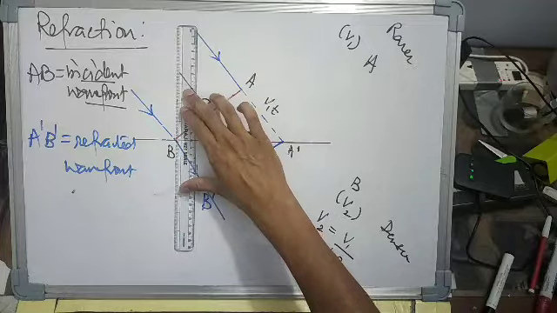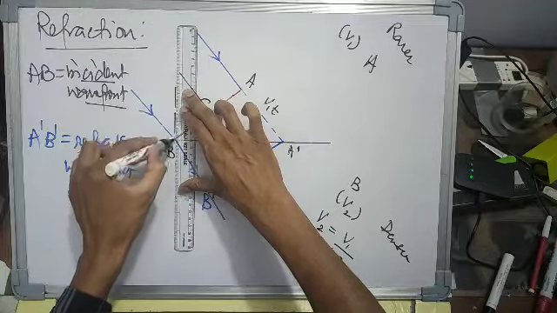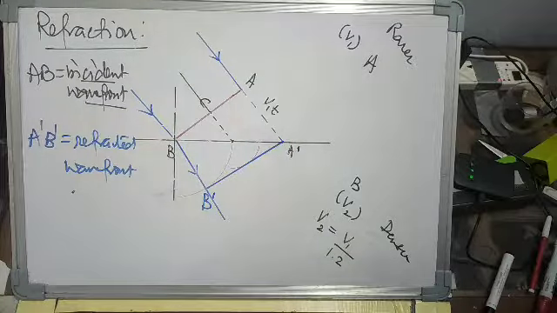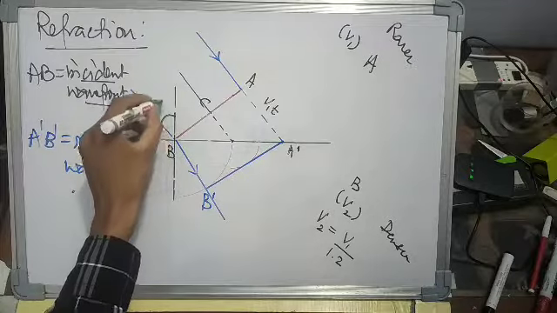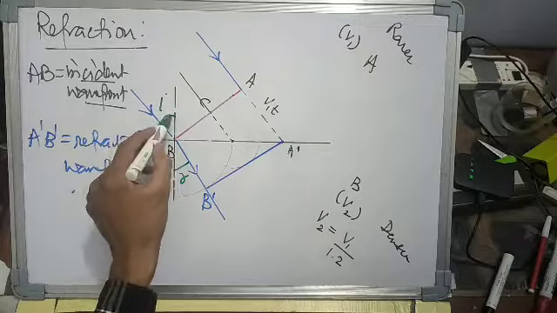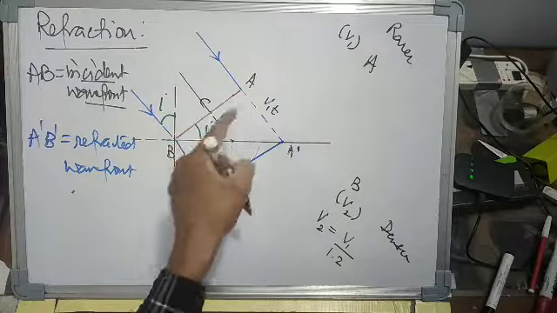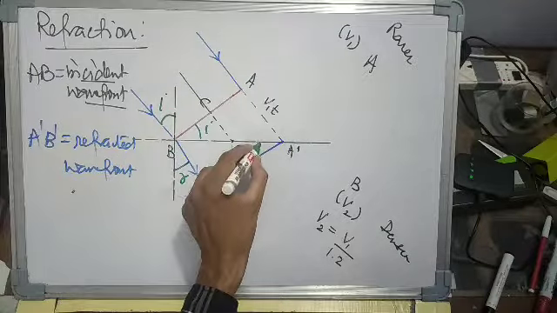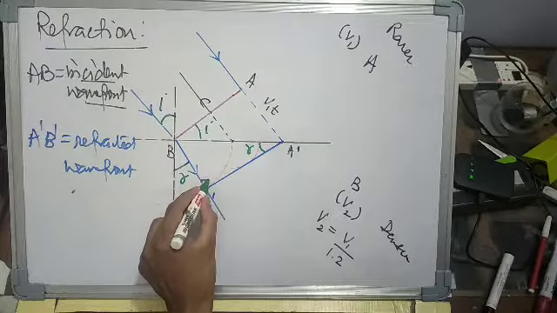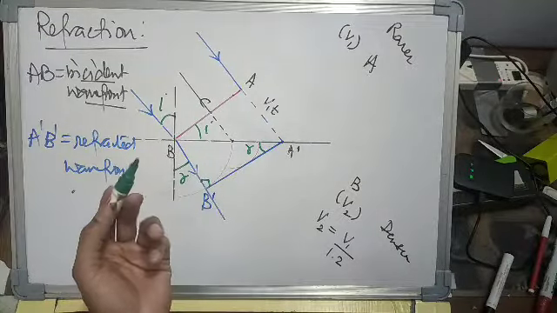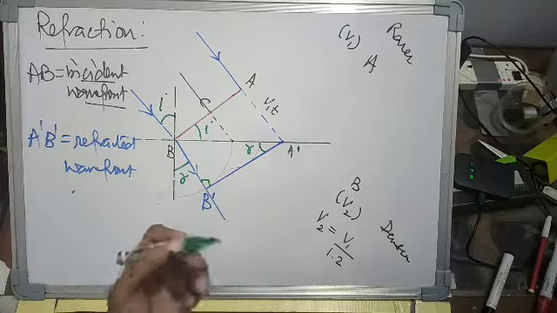If you draw the normal here, then in this diagram the angle which the incident ray makes with the normal is I. This is the refracted ray, and that's the angle of refraction R. You already know that this is I, then the incident wavefront will also make angle I. This is R, this is 90 minus R, and this will be again R because this is 90 degrees. So the wavefront makes the same angle with the surface as the corresponding angle of incidence or refraction.